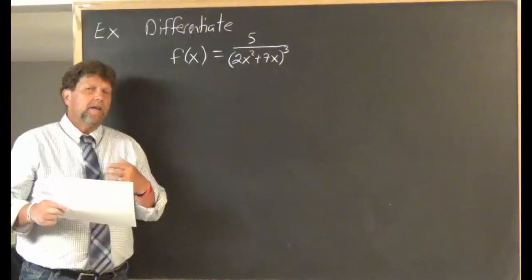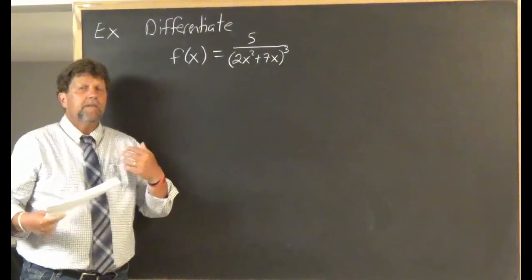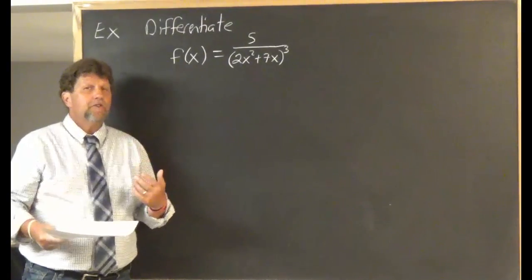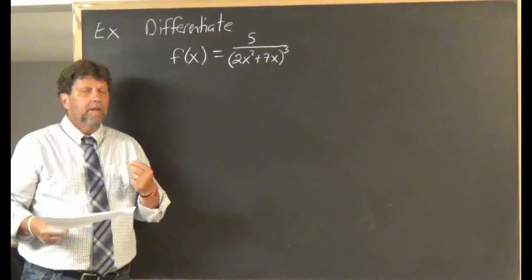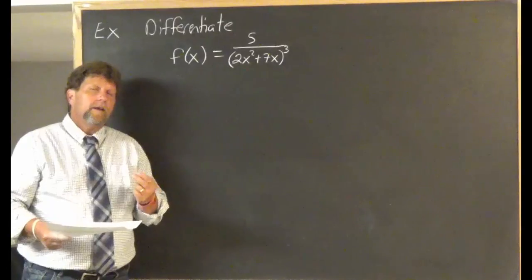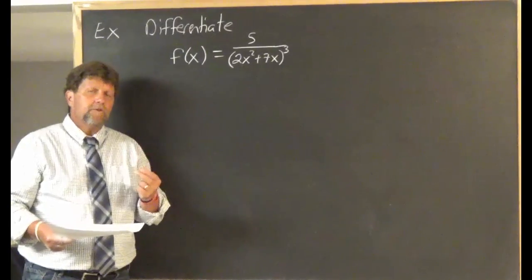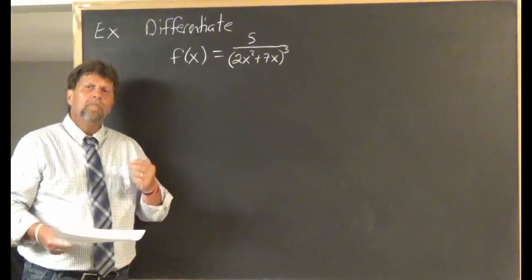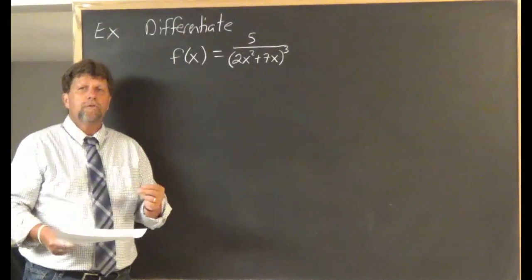All right, we just mentioned on the slides that sometimes when you have a rational function and the numerator is simply a constant, rewriting can make computing the derivative a little more friendly than going through the quotient rule.